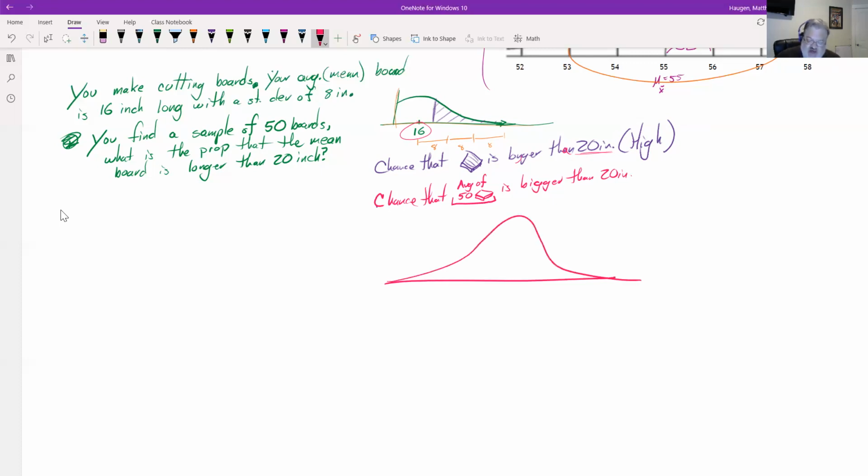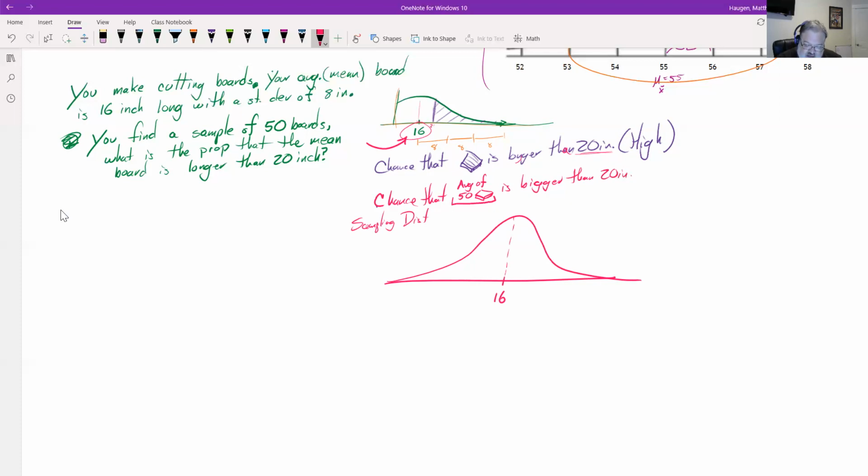Because our sample size is 50, we know that our sampling distribution has to be normal, right? It's normal with a mean of 16. And again, here, this 16 is a board length, right?